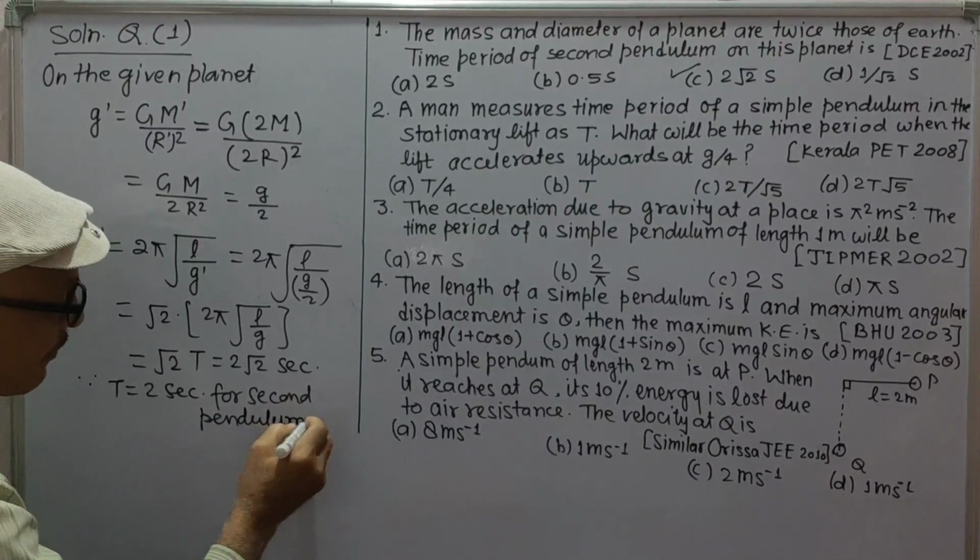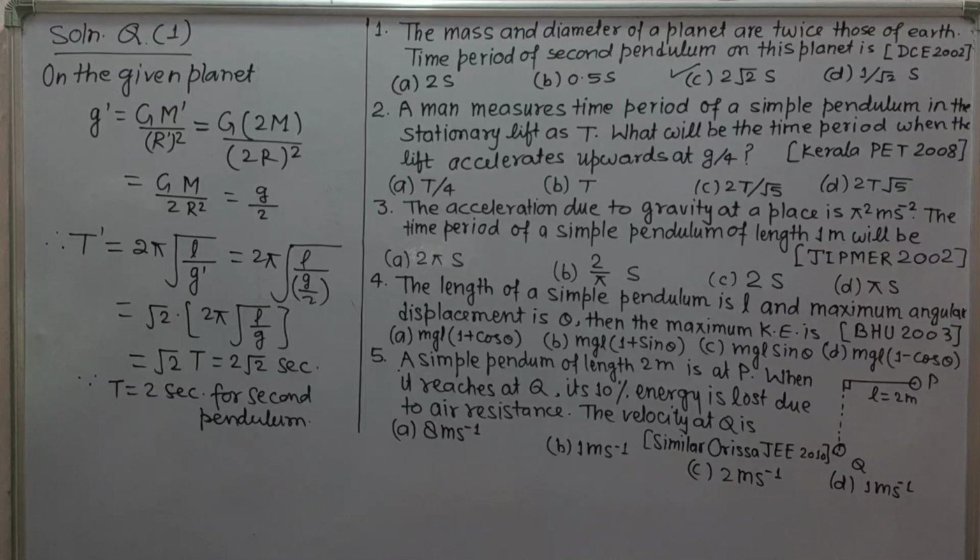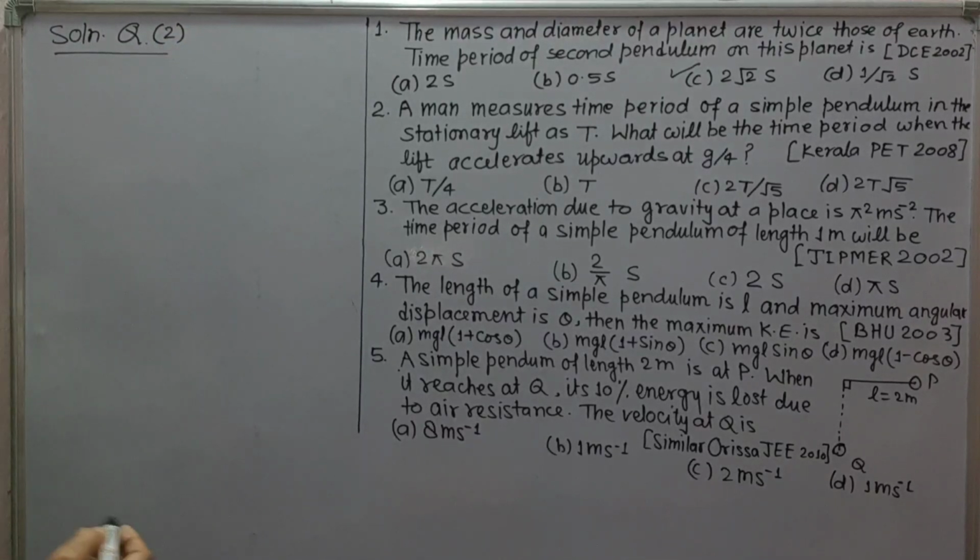Next, question number 2. The question is, a man measures time period of a simple pendulum in a stationary lift as T. What will be the time period when the lift accelerates upwards at g by 4? Solution to question 2.